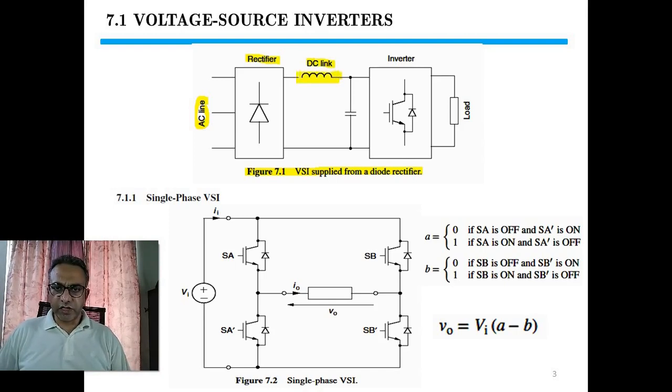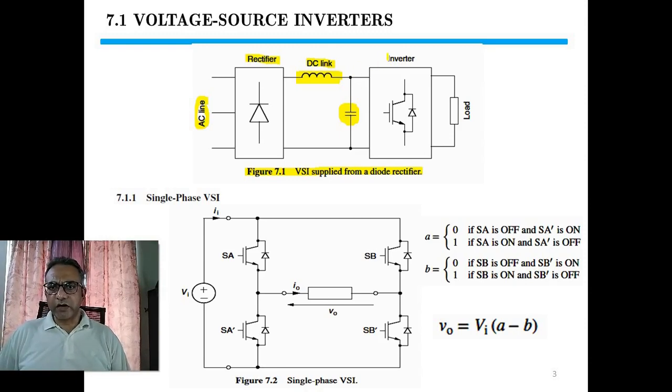Here is the location of the inductor, and the pulsating voltage will be smoothened or the ripple voltages will be reduced using the DC capacitor over here. So the DC link inductor and the capacitor are used to reduce ripple current and ripple voltage.